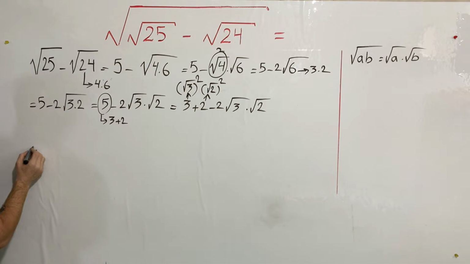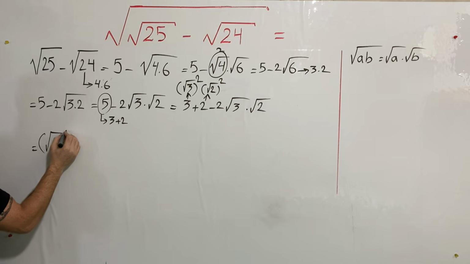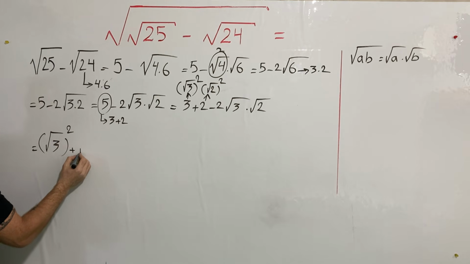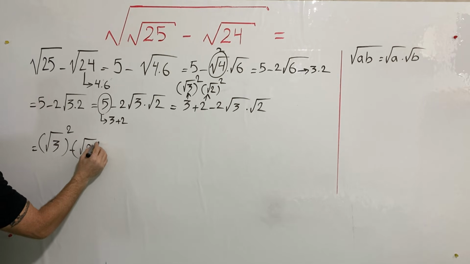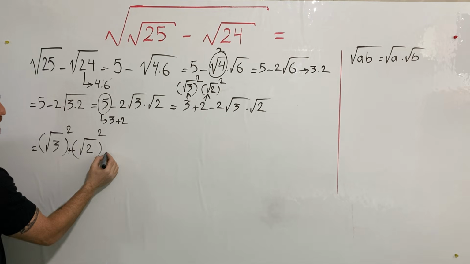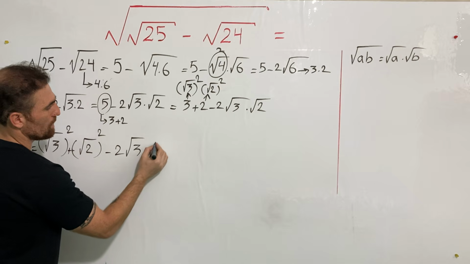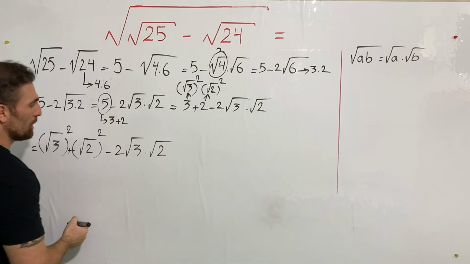So it's going to be square root of 3 squared plus square root of 2 squared minus 2 times square root of 3 times square root of 2.